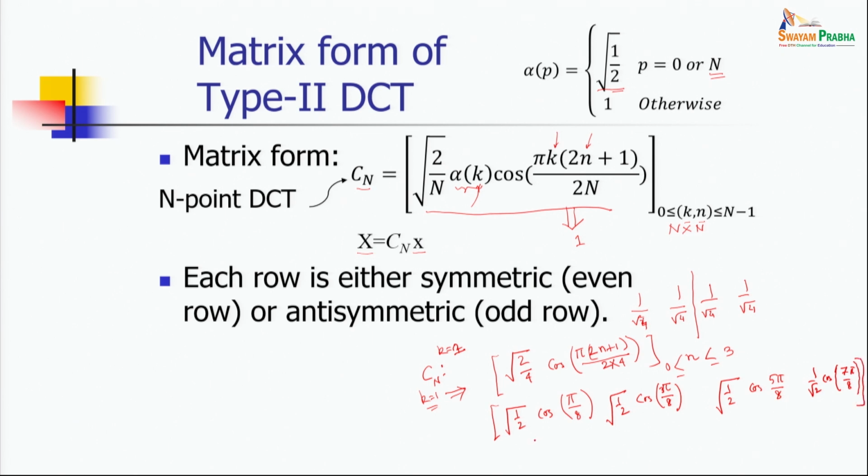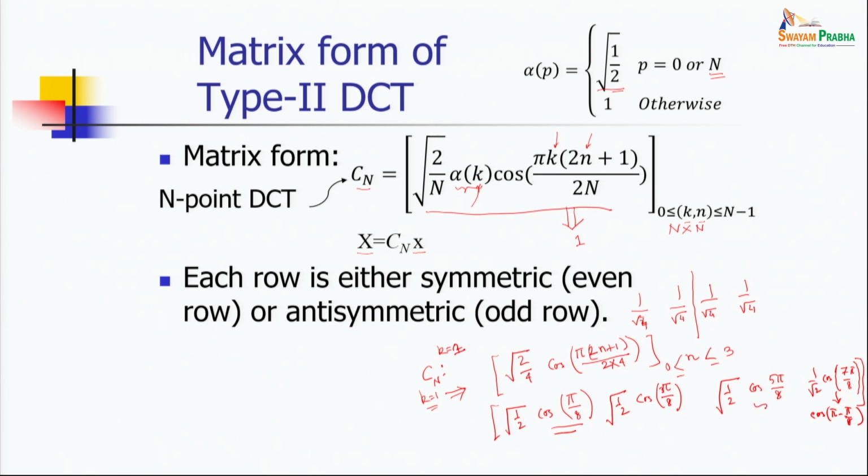So, in this case we can see that cos of 7 pi by 8 becomes cos of pi minus pi by 8, and as you know cos of pi minus theta is equal to minus cos theta. So, that means it is basically 1 by root 2 of minus cos of pi by 8.